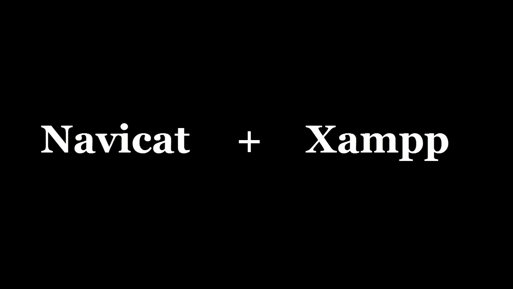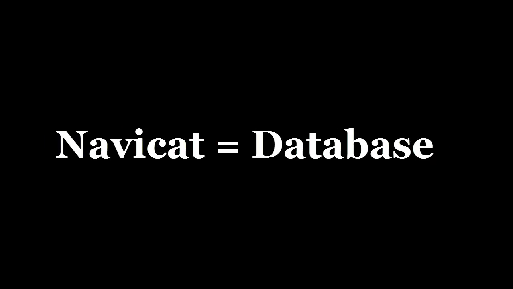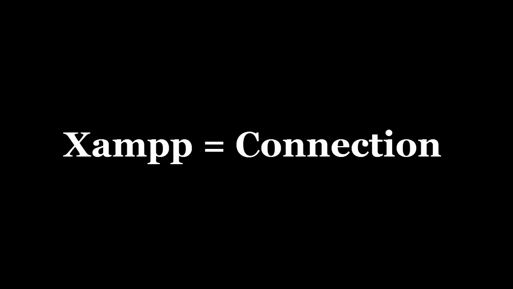First of all, there are two apps that we're gonna use. The first one is the Navicat, and the second one is the SAM control panel. The Navicat is the database which we're gonna use to store some data, and the SAM control panel is the connection of our system.